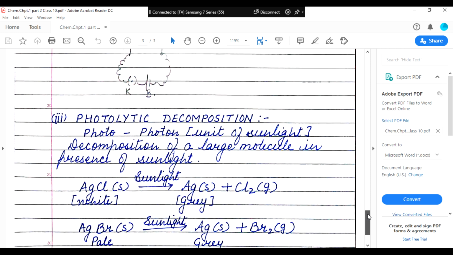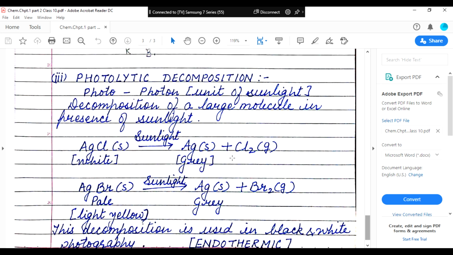When silver chloride is exposed to sunlight, silver chloride molecule breaks into silver and chlorine. Chlorine being a gas is released and the remaining substance is silver. This is a grey colored substance obtained when silver chloride is exposed in sunlight.